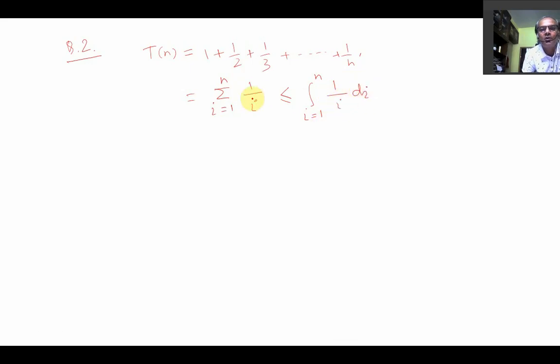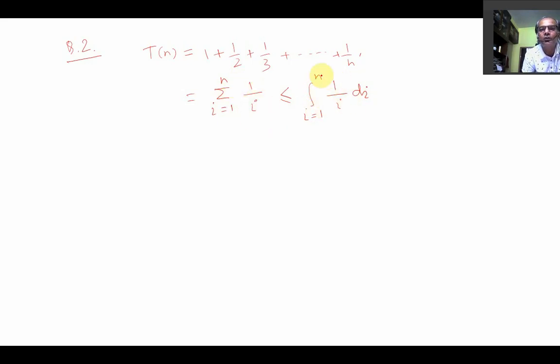Am I clear? Because this is basically the sum of discrete real numbers, but it is the sum of continuous real numbers, which is of the form 1 by i again. So definitely there are some real cases included here. So this must be the upper bound of this expression.